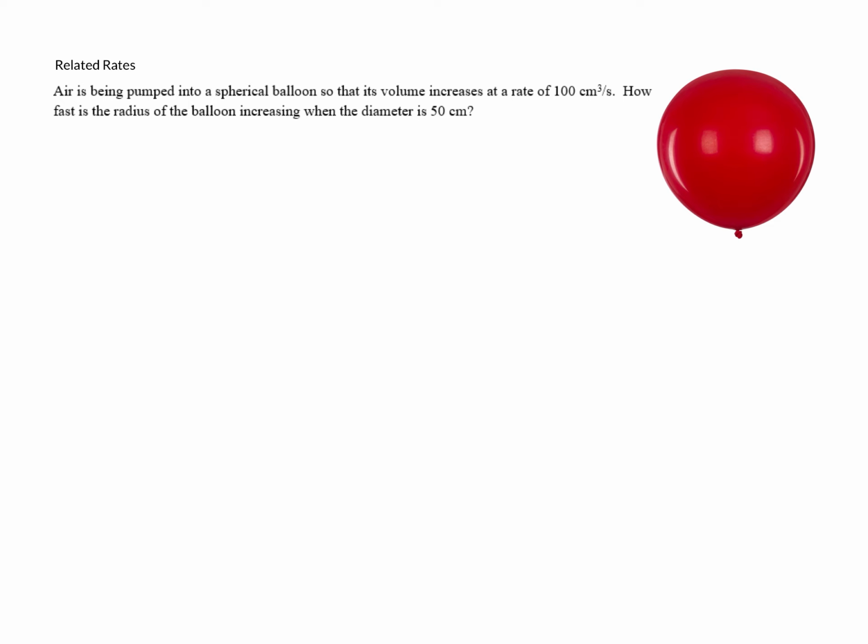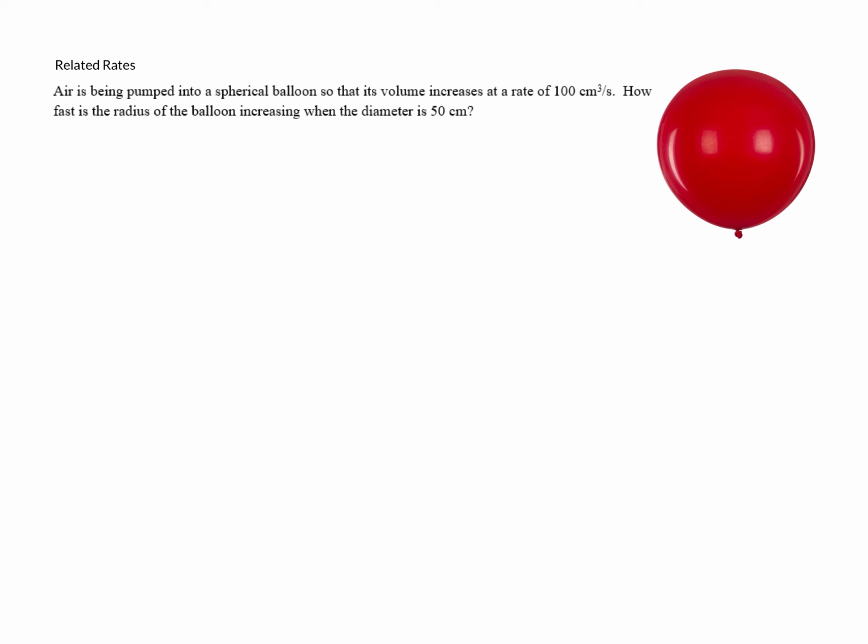That is a constant rate, and that's basically the rate that the air is moving into the balloon. So we've got some sort of a hose maybe that is blowing up this balloon, and the volume is increasing at a constant rate. What we want to know is how fast is the radius increasing, and we want to know that at a specific moment of time when the diameter is 50 centimeters.